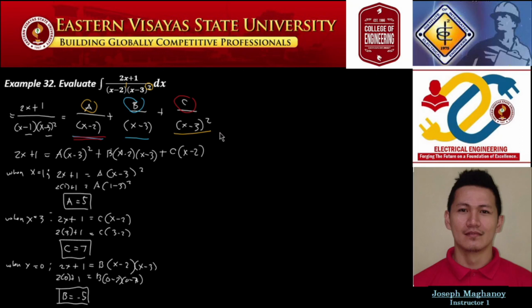Now, we can rewrite our partial fraction. That's the integral of the bracket A, 5 over x minus 2, plus your B, negative 5 over x minus 3, plus your C, 7 all over x minus 3 squared, dx.